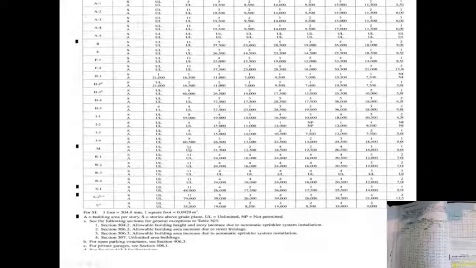If you're looking at type 2, 11, the area, of course, can be unlimited. But if I was to look over here at the other type in mercantile, type 5A, that is saying that it can be only 3 stories and only 14,000 square feet per story.